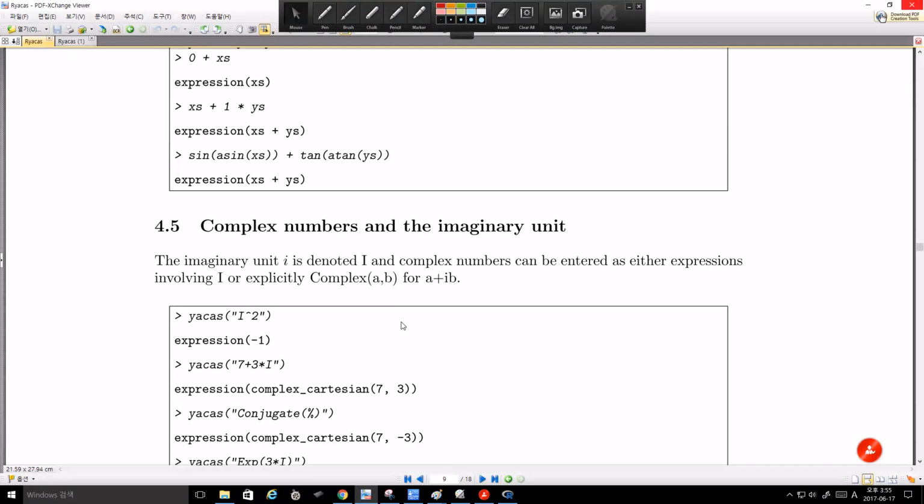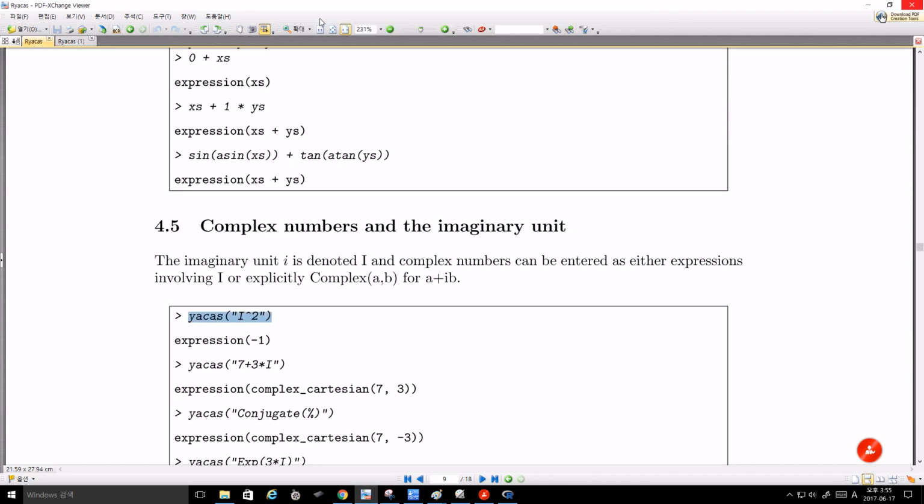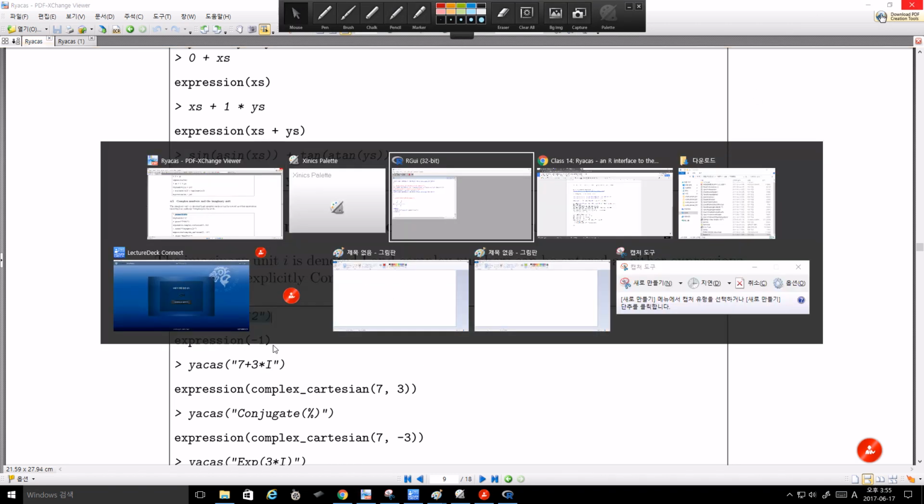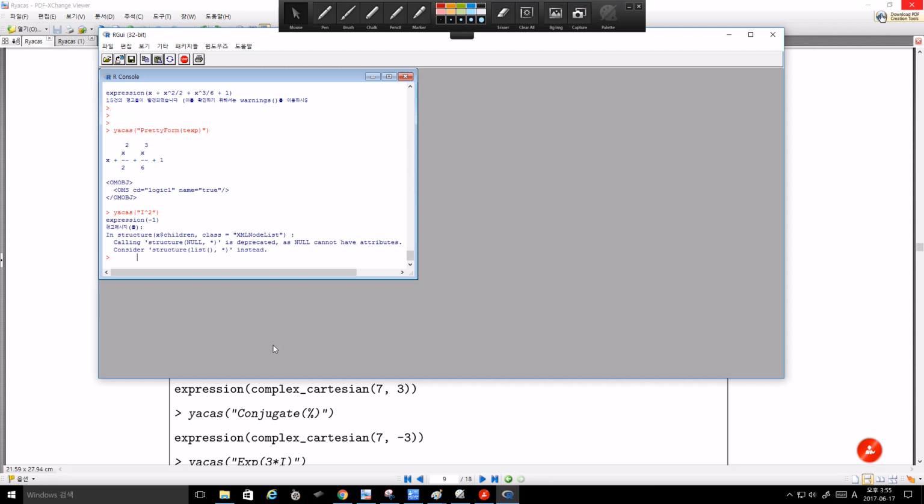Now you can do complex numbers. I, this is the imaginary number I, so basically this is I squared. We know this is -1, right? So let's copy and paste on R. Yes, expression -1 over here, -1.